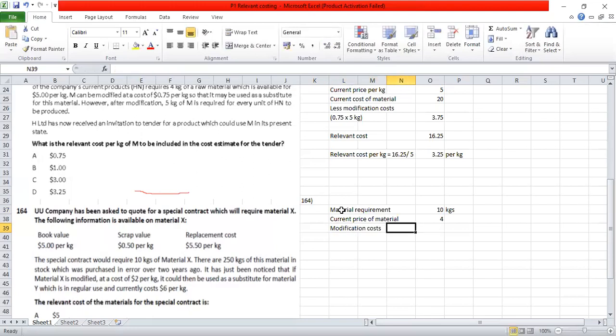Modification costs are 2. So the relevant cost is equal to 6 minus 2.